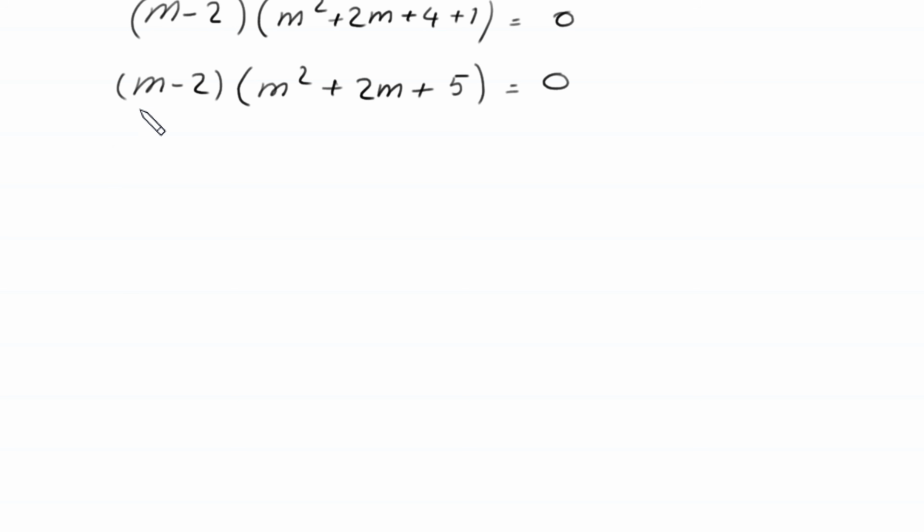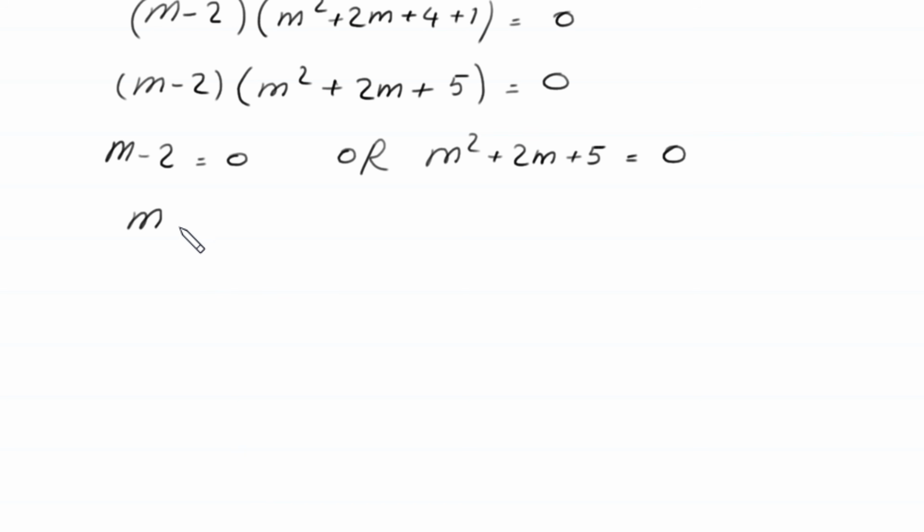Now from here either this expression m minus 2 is equal to 0, or this expression m squared plus 2 times m plus 5 is equal to 0. From this equation we get the value of m as 2, and to find the other two values of m we solve this quadratic equation. This is not factorable, so we solve it by quadratic formula.